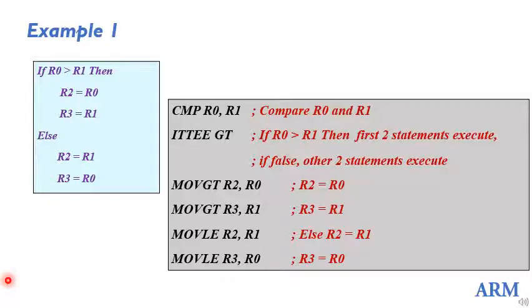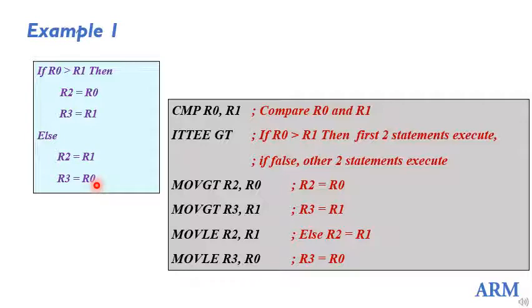We'll look into an example to understand this. This is a piece of C code, an if construct. If R0 is greater than R1, where these are some identifier names, then R2 equal to R0 and R3 equal to R1. Else R2 equal to R1 and R3 equal to R0.